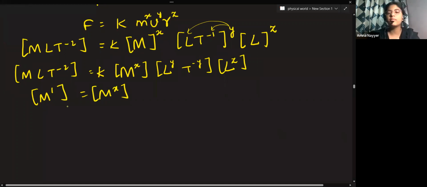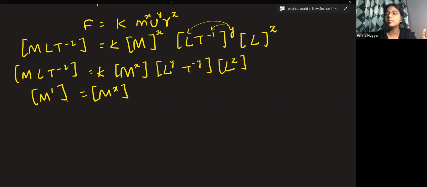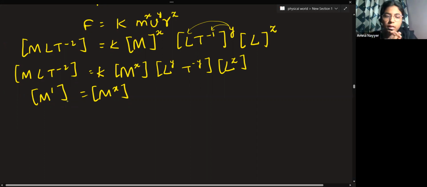This is a standardized general formula, so it means both the quantities are balancing, both the quantities are equal. That's why we are equating it. So M to the power 1 is equal to M to the power x, so x will be equal to 1. Now let's come to length. Here we have L to the power 1.